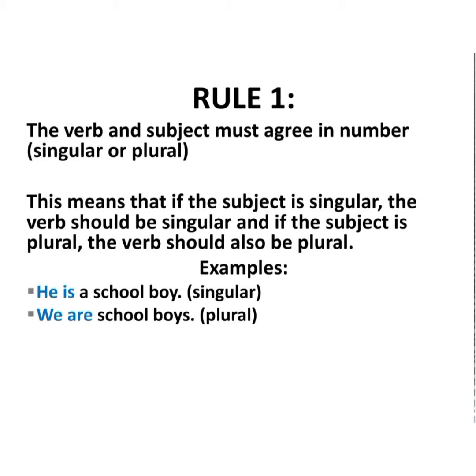The second example has plural subject. We. More than one boy. So, it will be followed by plural verb are. We cannot say he are a schoolboy. He is singular, so it must be followed by singular verb is.